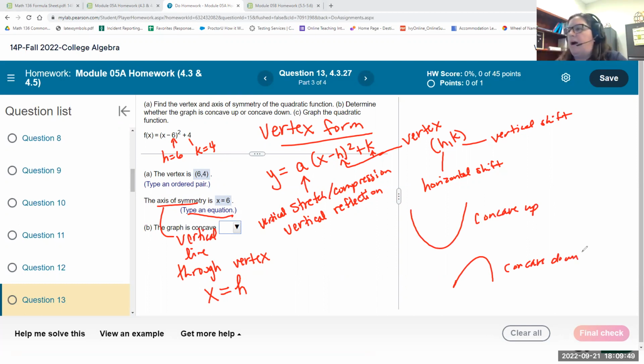And that's determined by whether you have something out front. If there's nothing out front of the squared part, a would be 1. And as long as a is positive, it's concave up. If a was negative, so if there was a negative sign or a negative number out front of those parentheses, then it would be concave down.